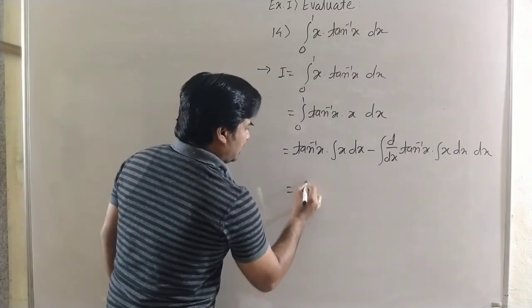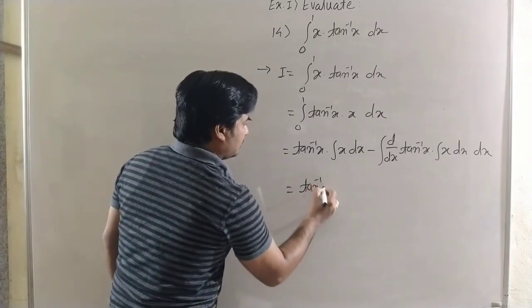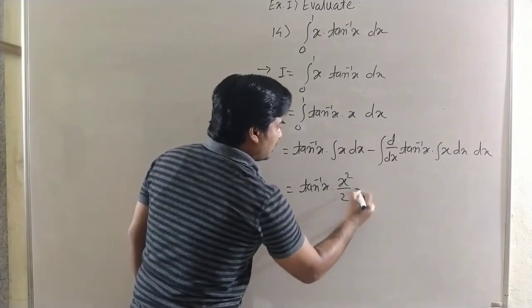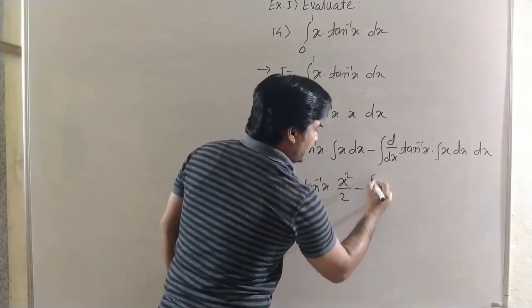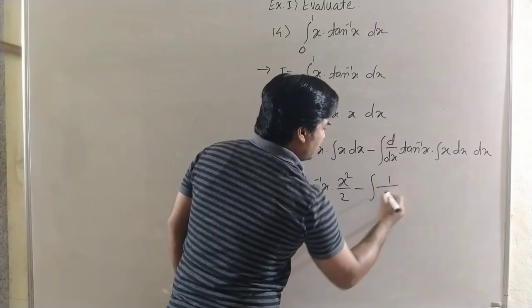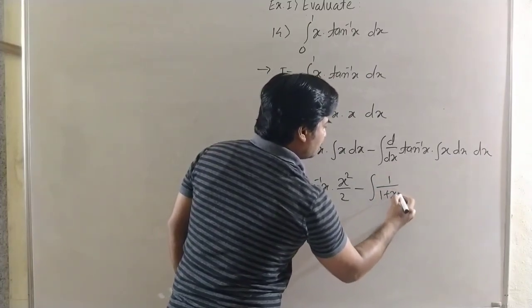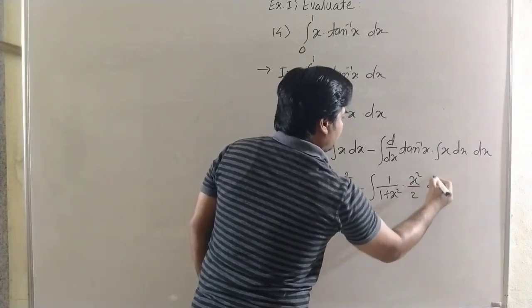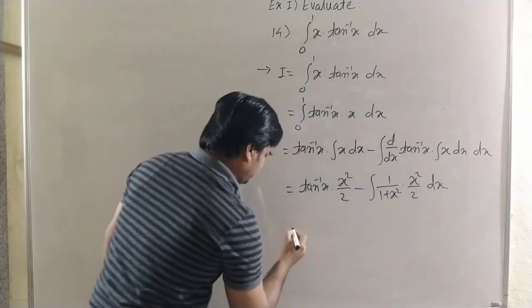Now it is tan inverse x into the integral of x, it is x square by 2, minus integral of derivative of this tan inverse x, 1 upon 1 plus x square, and into x square by 2 dx.